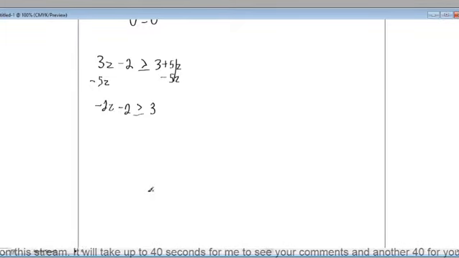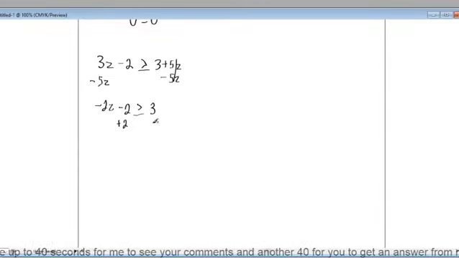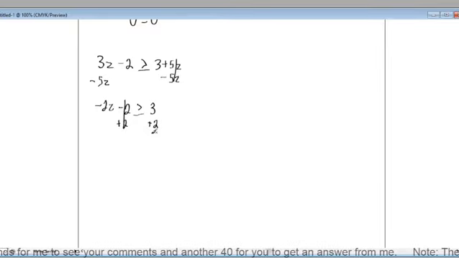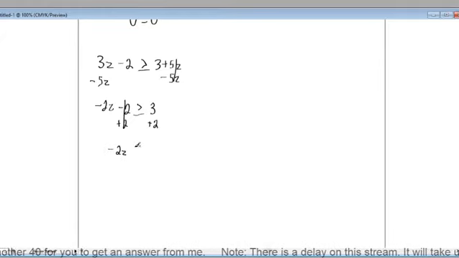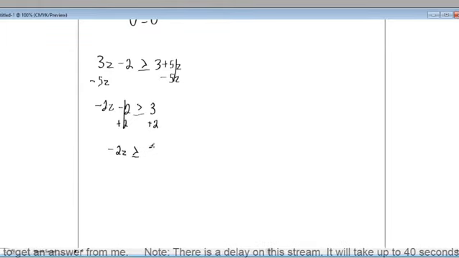Alright, so now I need to get my constants to this side, so I'm going to add 2 to both sides. Cancels there. Here it gives us 5. So negative 2z is going to be same thing. We haven't divided by a negative yet, or multiplied by a negative. 5. So still got that greater than or equal to symbol.